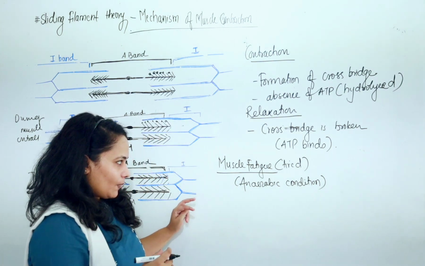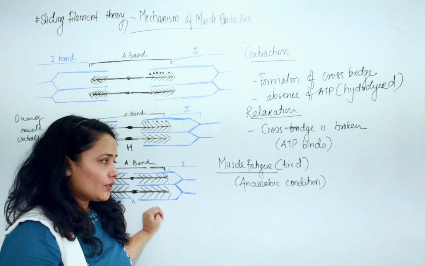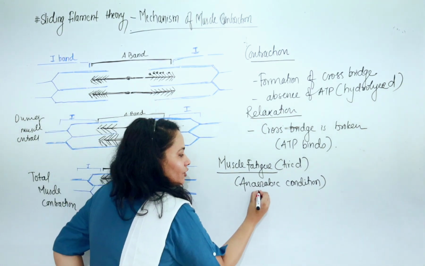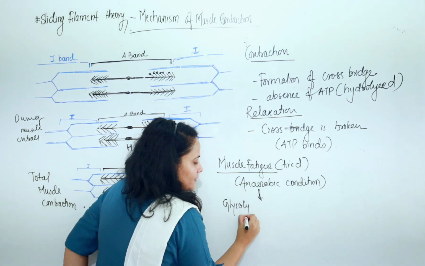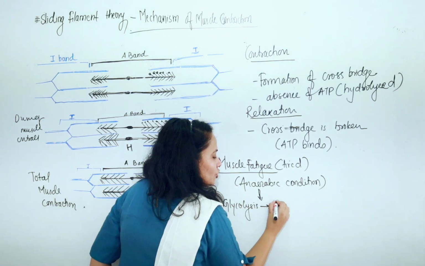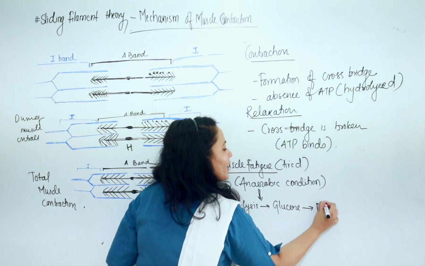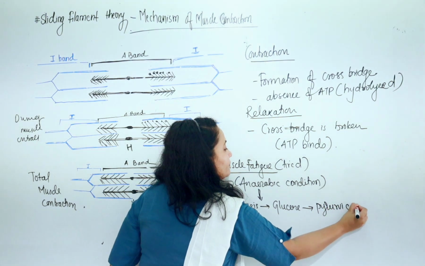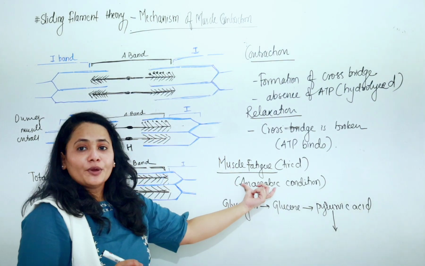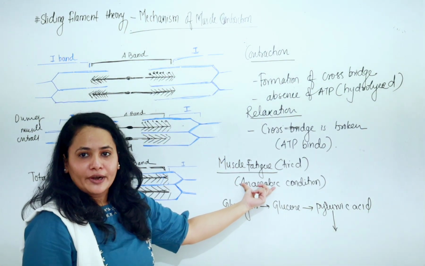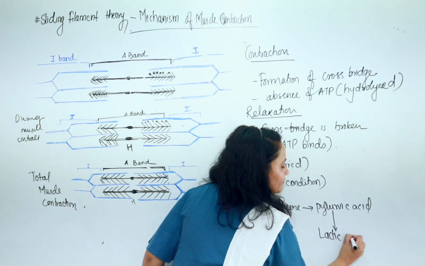We know that during the anaerobic condition we start taking deep breaths. Now what happens during anaerobic condition? Glycolysis takes place, in which glucose is converted into pyruvic acid. But this pyruvic acid, because it is anaerobic condition, will undergo fermentation and will form lactic acid.